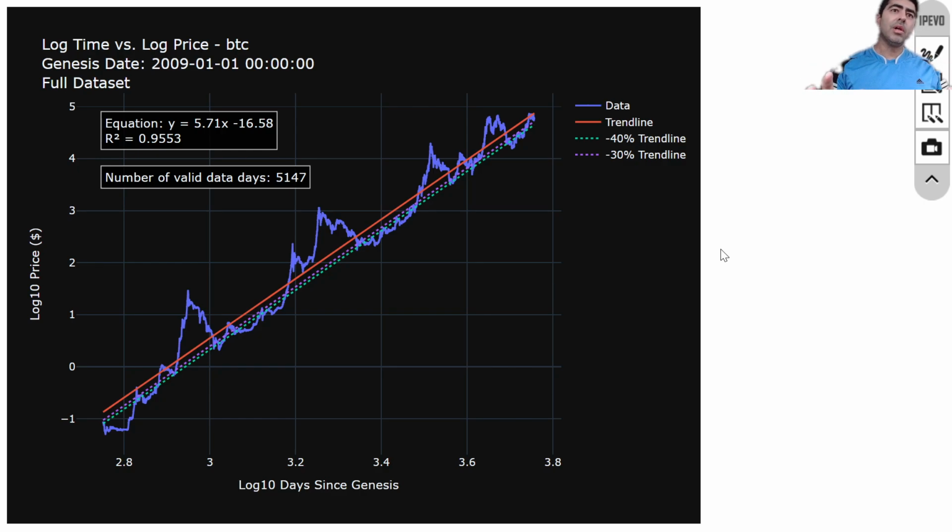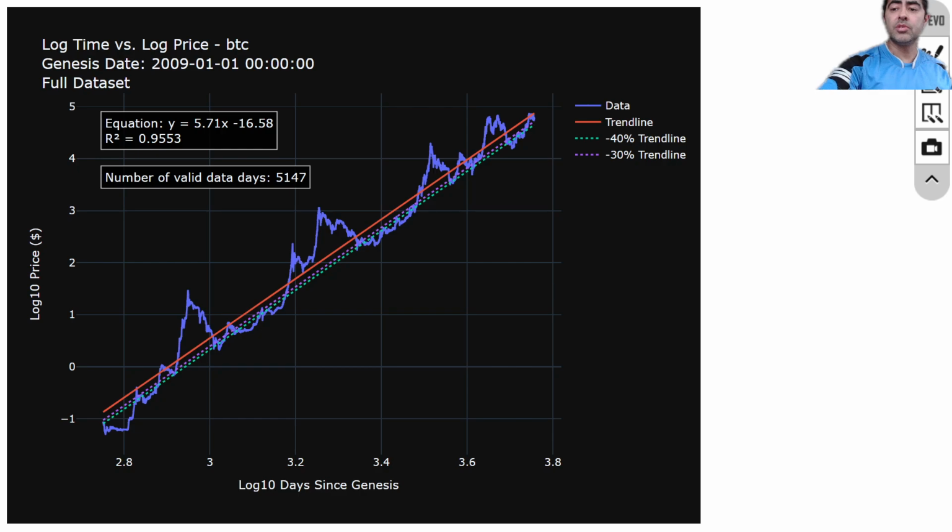So how do we understand the power law? Here's how I derive the equations for the power law. We take the log of the days since Genesis on the x-axis over here, and we take the log of the price on the y-axis over here. And it turns out that we can draw a straight line through the price action with a very good R squared fit.